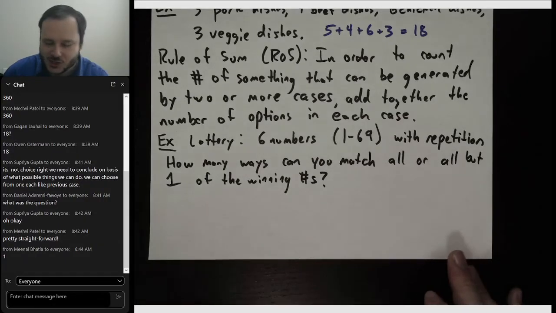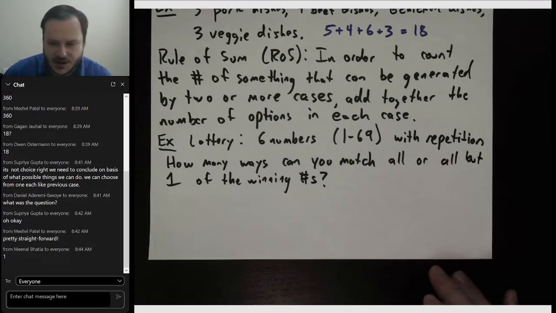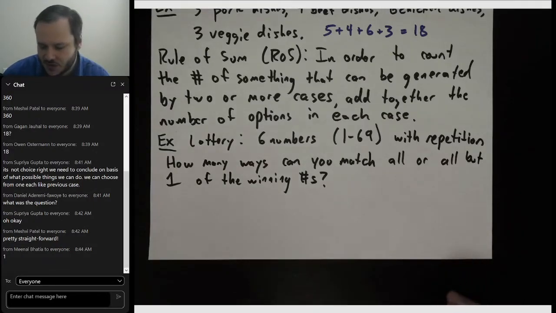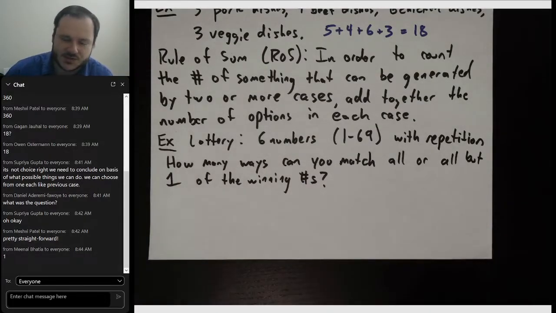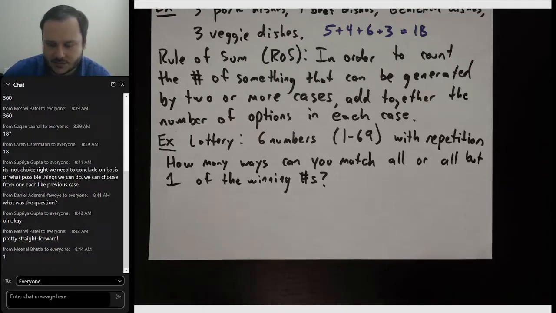So obviously, if you match all 6 numbers, you win the big jackpot. It's great. You're happy. Millions of dollars. But the way the lottery works, if you match 5 out of 6 of the numbers, you still win. Maybe not the huge jackpot, but you still win a whole bunch of money. Let's say those are the only 2 ways to win. How many ways can you have a winning ticket?